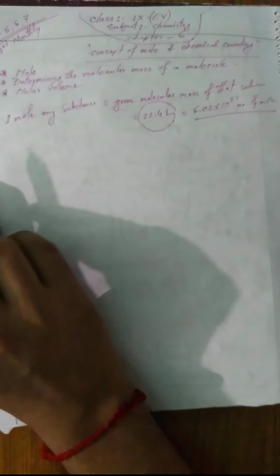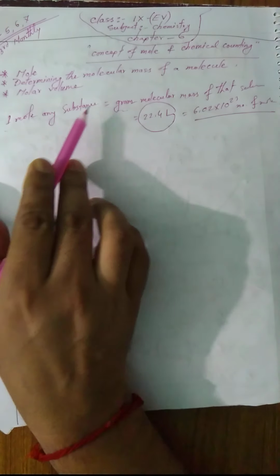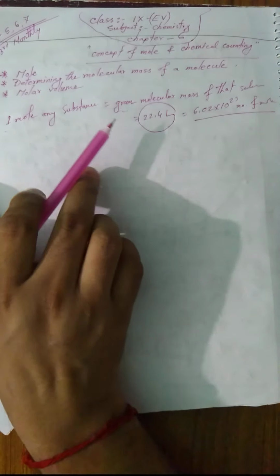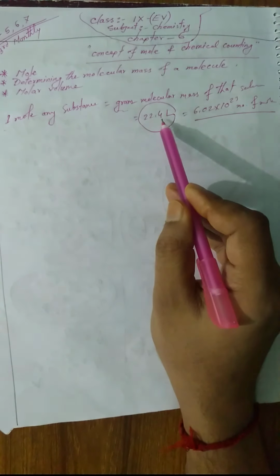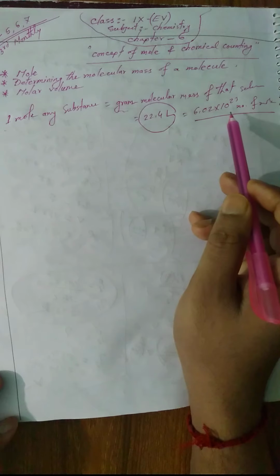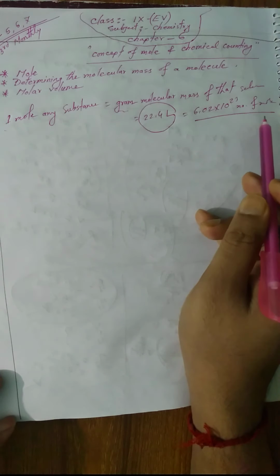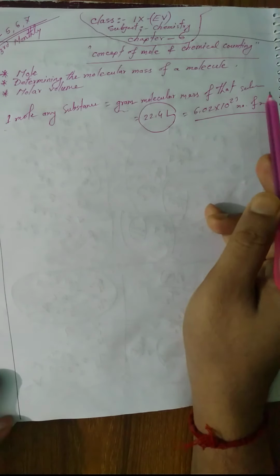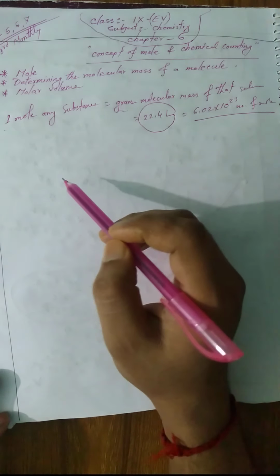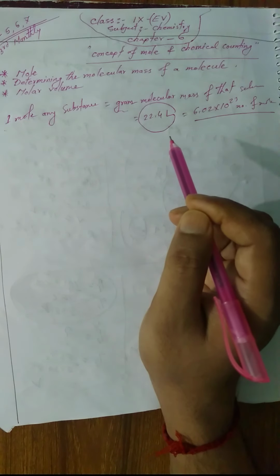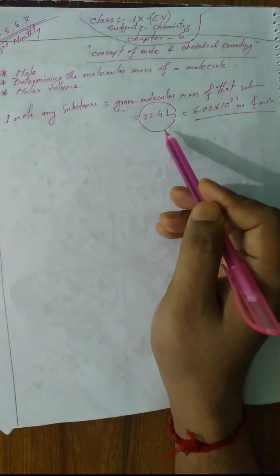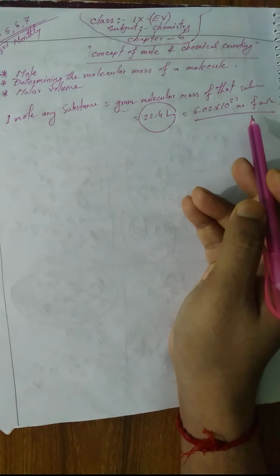So we can write: 1 mole of any substance is equal to gram molecular mass of that substance, is equal to 22.4 liter, is equal to 6.02 into 10 to the power 23 number of molecules. This is the equation related to mole, gram molecular mass, molar volume and number.